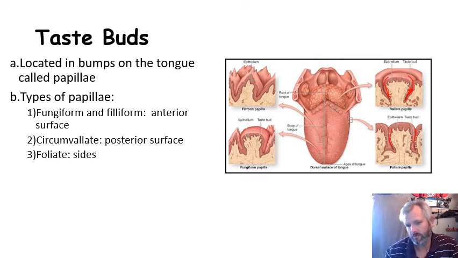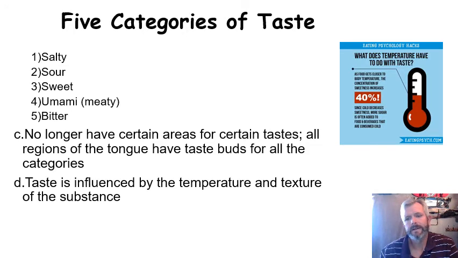Okay, I'm more concerned that you understand how we elicit a response in these cells of the taste bud. All right, and like I said, there are 5 categories of taste.